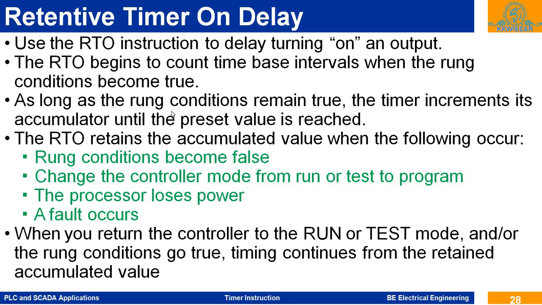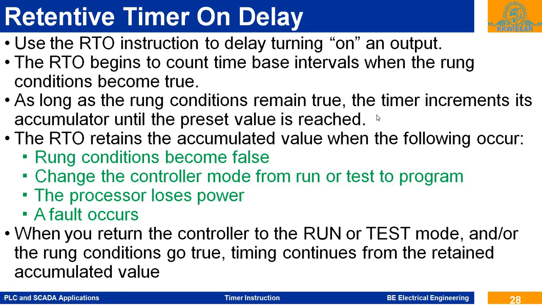Next day we start the rolling mill, so it will start incrementing from the previously retained value in the accumulator, from 10. Okay, and again after 10 hours of working in a day, the total time is 20 in the accumulator. It will retain this value of 20.